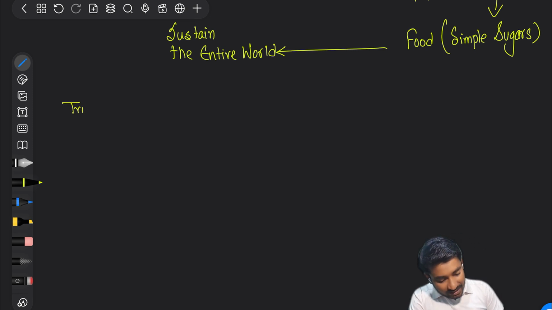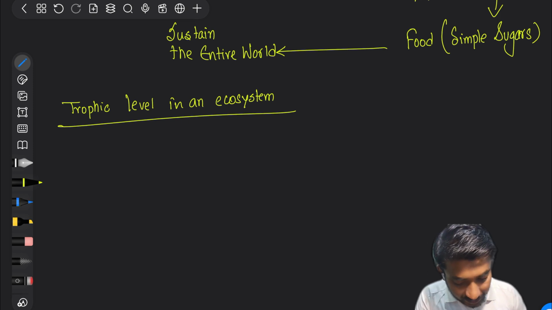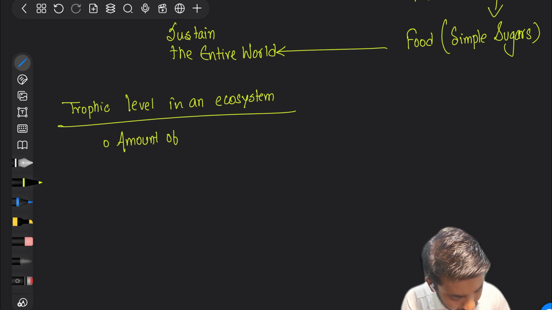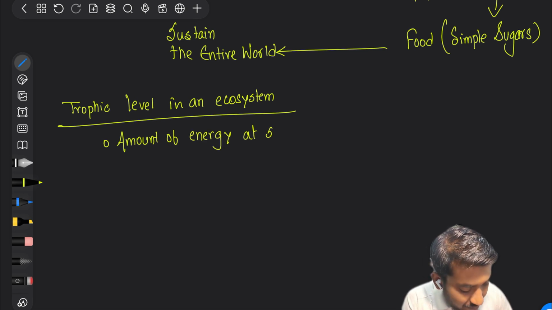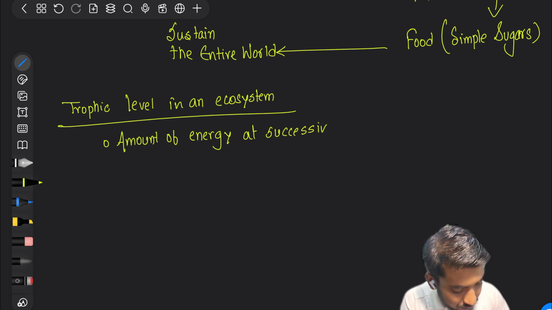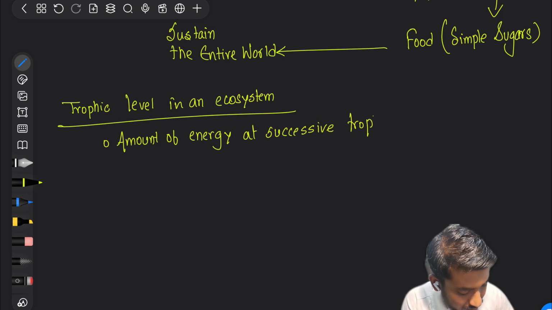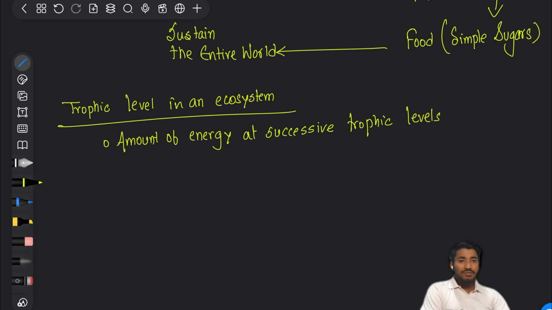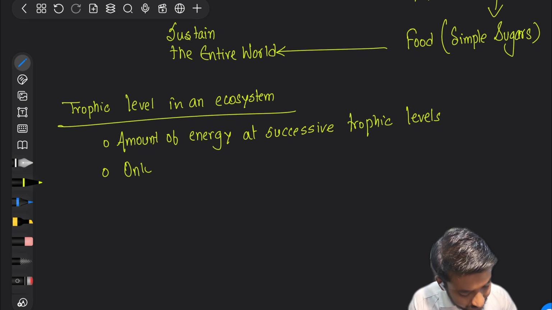So trophic levels in an ecosystem, the amount of energy at the successive trophic levels.